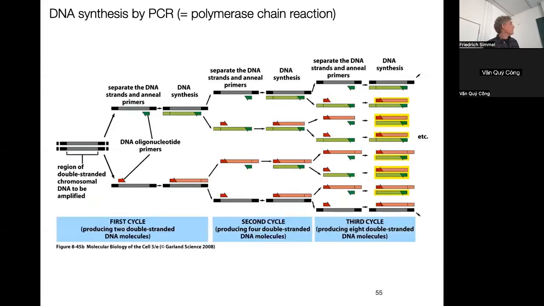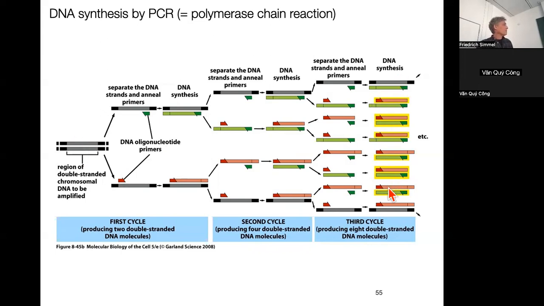The main trick behind PCR is that you do this several times in a row. After the first round of replication, you separate these things again, you make another copy, and now the copies that have been made in the first round also act as templates for the next round, and so on. That leads to an exponential amplification of your initial DNA.